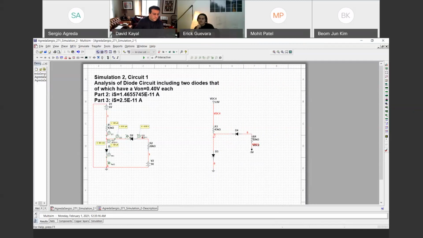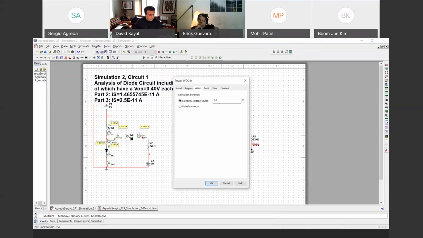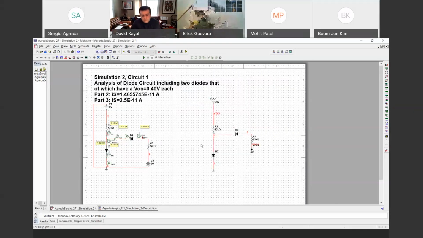As of now, this is the same circuit. Oh, this one part was supposed to be 6 volts. So this circuit is a similar configuration to this one. The only difference is that this has closed loops from these battery sources, which you could use.